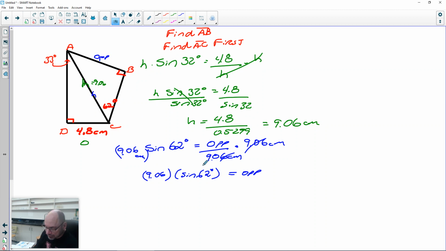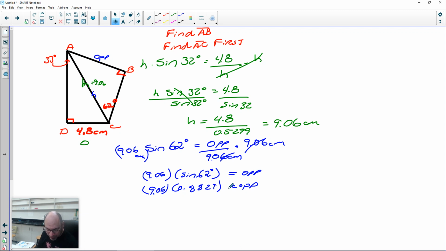Okay, then take your calculator and we'll get side AB. So sine 62, that's 0.8829. And I'm just going to multiply it.